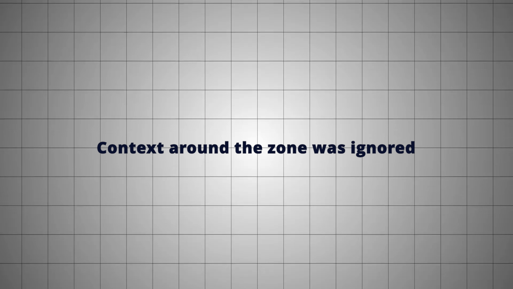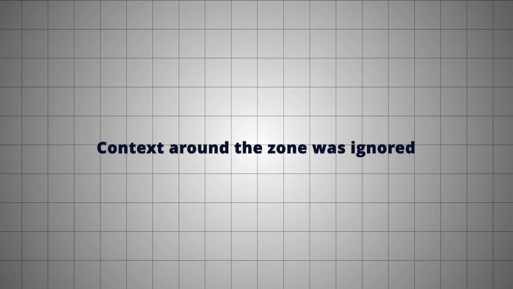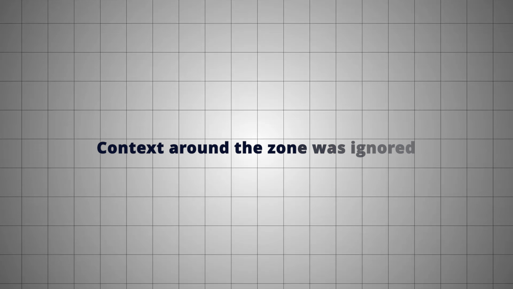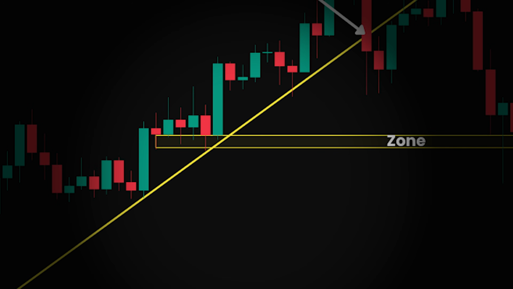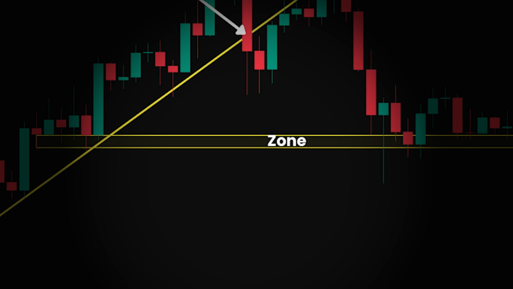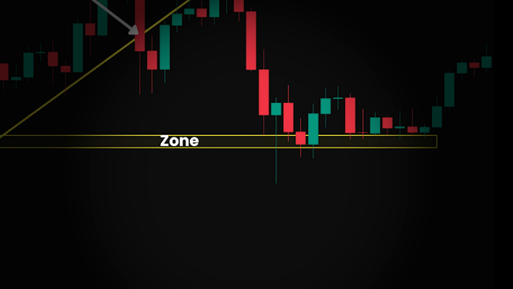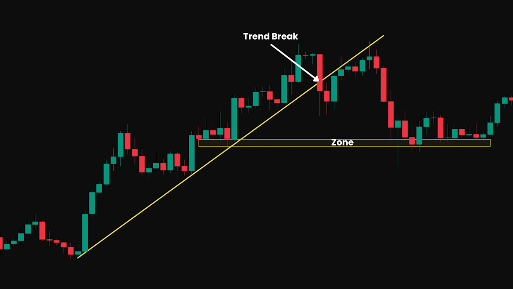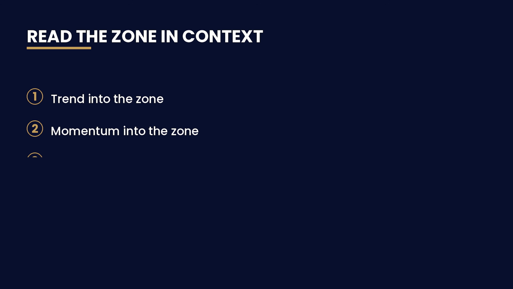The second reason zones fail is that the zone was evaluated in isolation, with no regard for what price was doing on the way into it. A support zone inside a healthy uptrend and a support zone at the end of a sustained downtrend are not the same setup, even if the price level looks identical on the chart. Momentum matters. Structure matters.